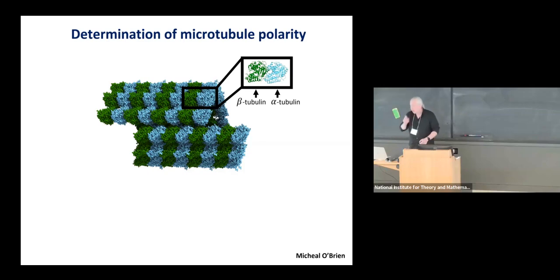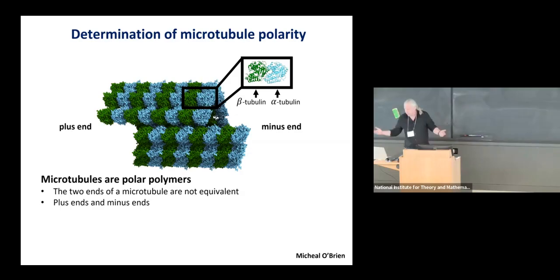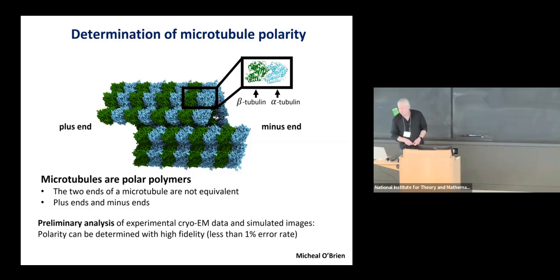All right. Okay. So now microtubule polarity. All right. So microtubules are polar polymers. The two ends of the microtubule are not equivalent. You have a plus end and a minus end. And then you can ask how well can you determine polarity just by looking at individual microtubules.